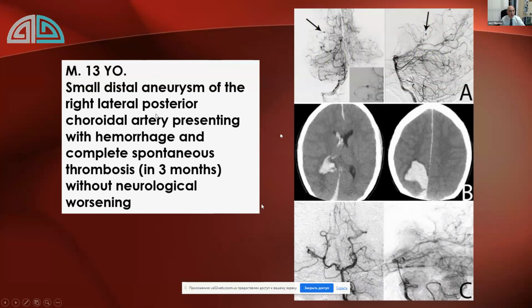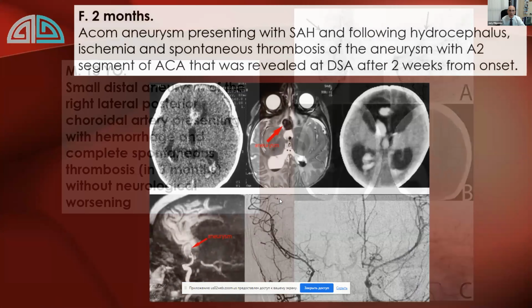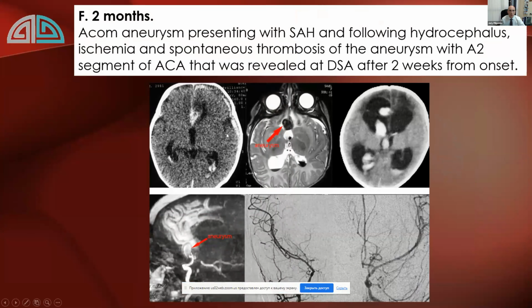Several examples. A male patient, 13 years old, with hemorrhage from a micro aneurysm of the posterior choroidal artery. When we repeated angiography in 3 months, we revealed total thrombosis. Another case, a 2-month-old girl with hemorrhage from an ACOM aneurysm.